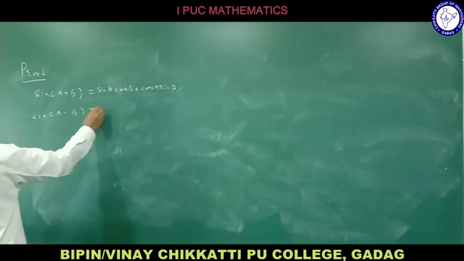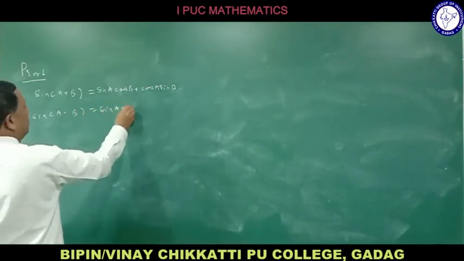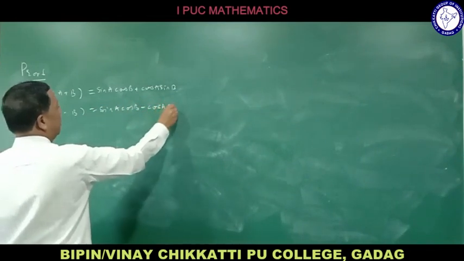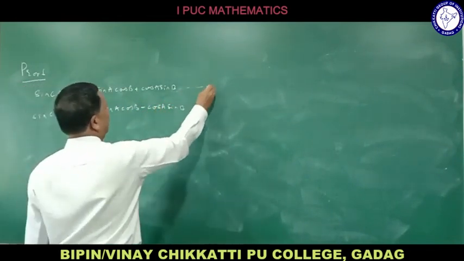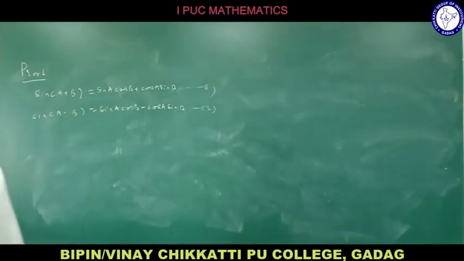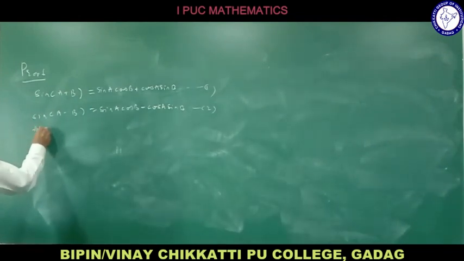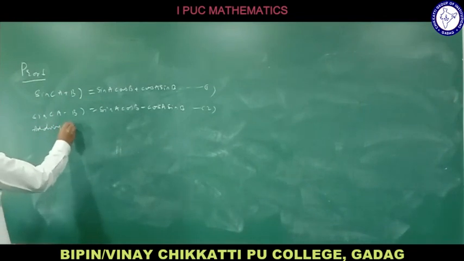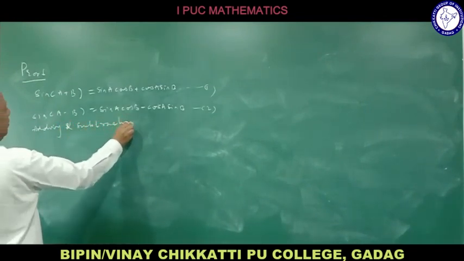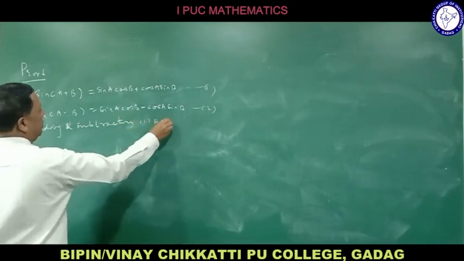You know this is sine a cos b minus cos a sine b. So this is equation number 1 and this is equation number 2. Now, equation 1 and 2: add and subtract.